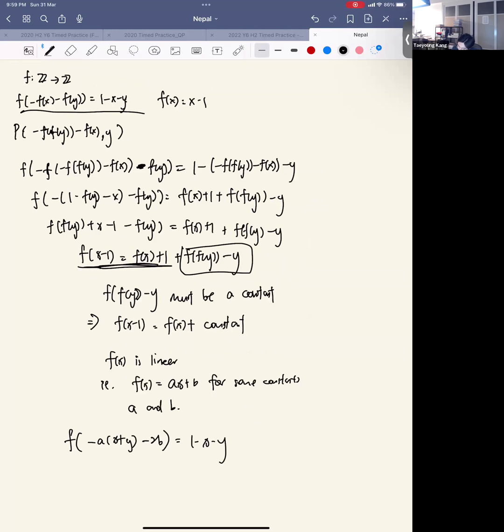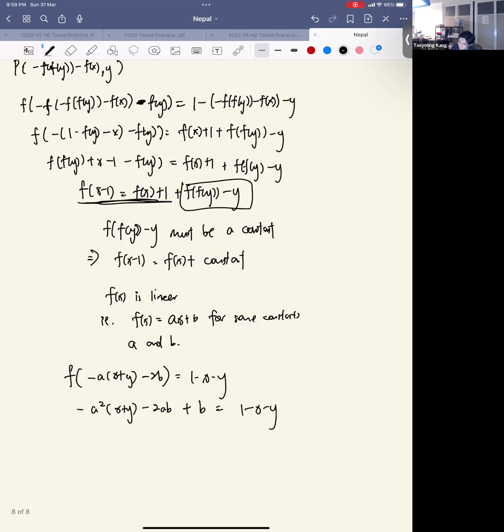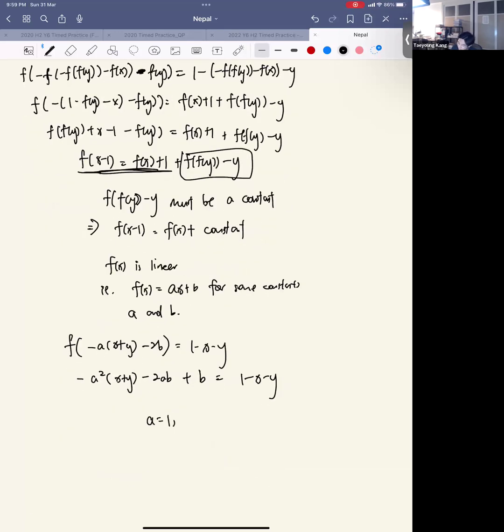Then we have minus a squared (x + y) minus 2ab plus b equals 1 minus x minus y. So we know that a is equal to 1, and as a result, b is equal to minus 1. Yep.